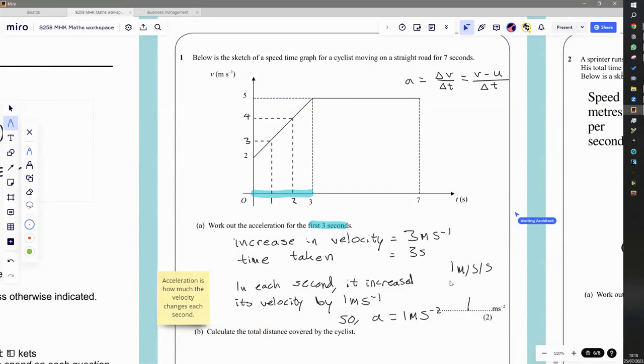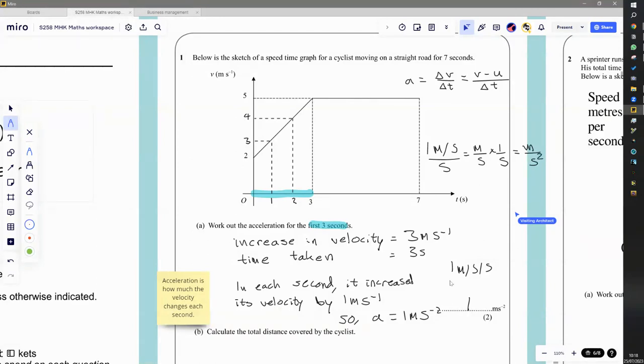But you can also think about these units, as I've talked about before, like letters in algebra. So meters per second, m divided by s, and then divided by s again. How do we do that? Well, it's the same as saying m over s times 1 over s, which is m over s squared.